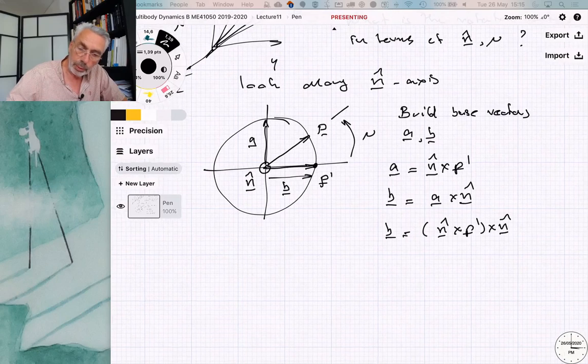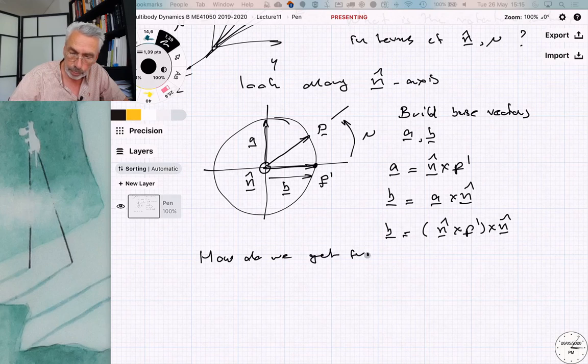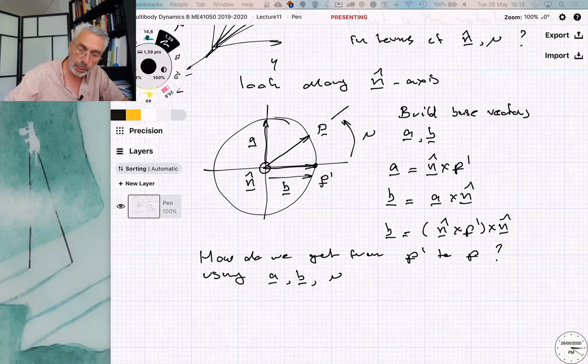And then the question, the rotation matrix, is how do we get from p prime to p? That is the thing. And using our A and our B and our angle mu, using the two base vectors here and the angle.